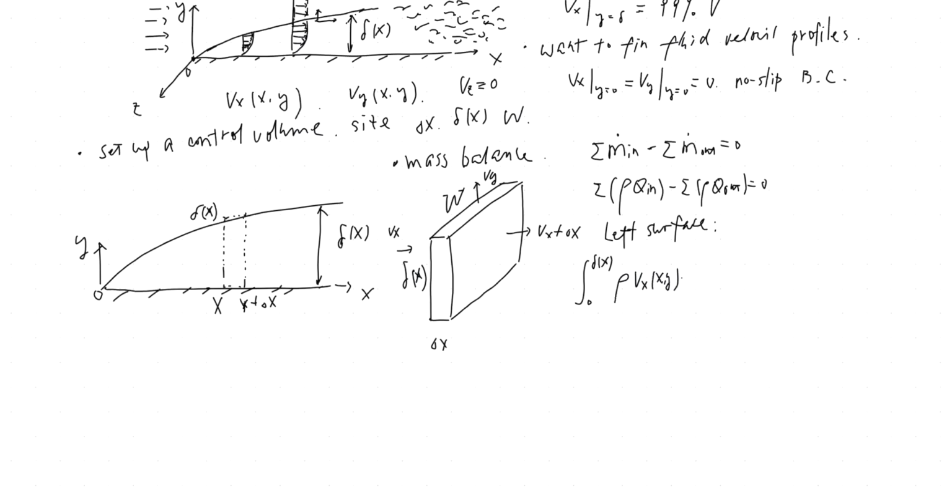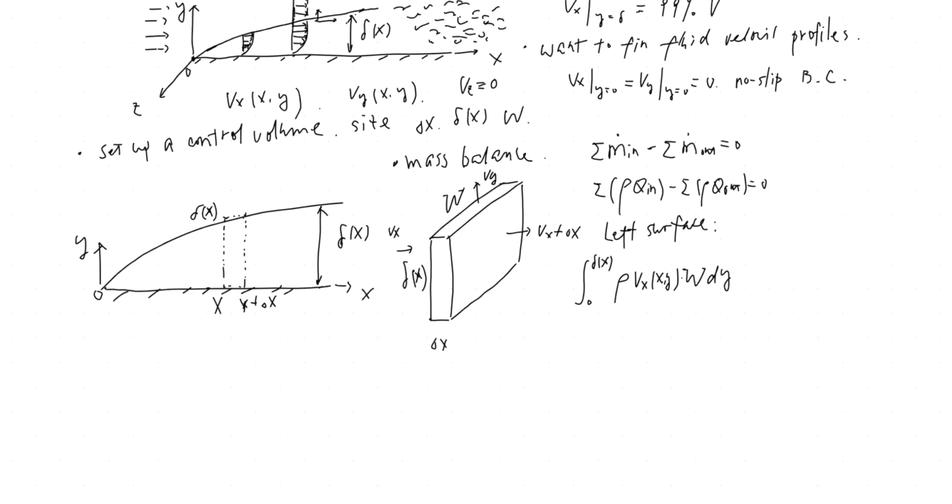The surface has a constant width w, so the velocity doesn't change in the w direction. It's just multiplied by the width. And then the height is dy. So w dy is the infinitesimal area element. You use w multiplied by dy, you get a strip, and then multiplied by Vx, you get the volumetric flow rate around that small strip.